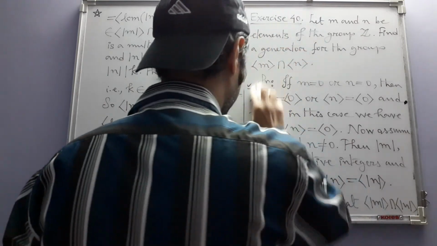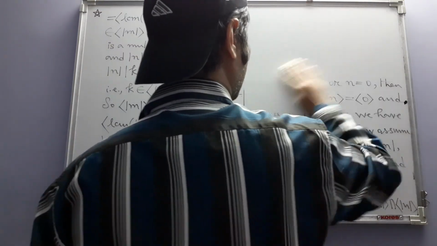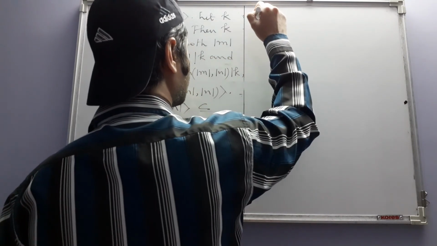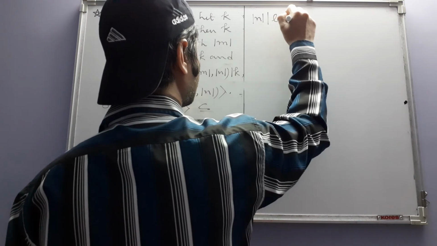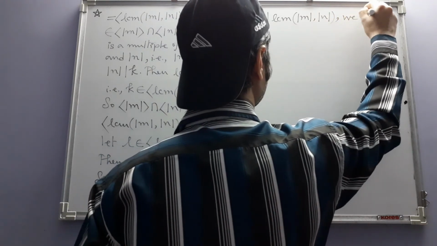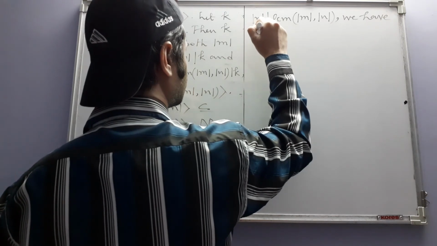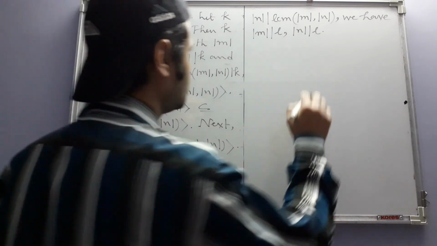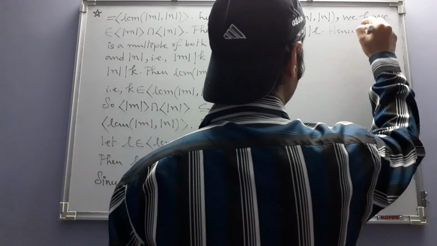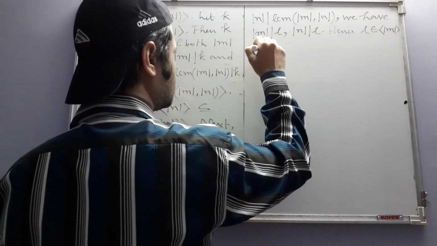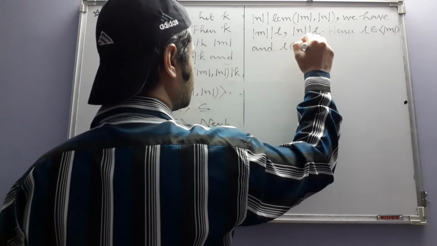And we have this. Hence, L is a common multiple of |m|, and it's also a common multiple of |n|.